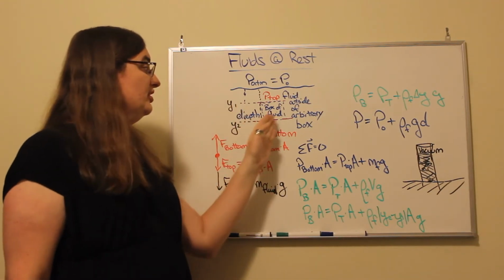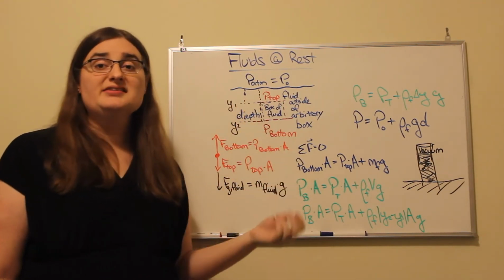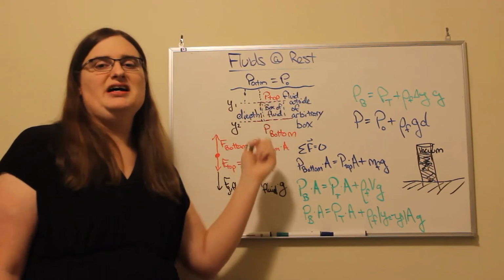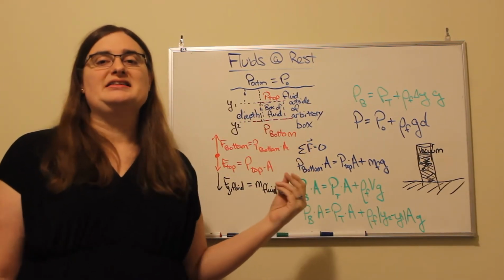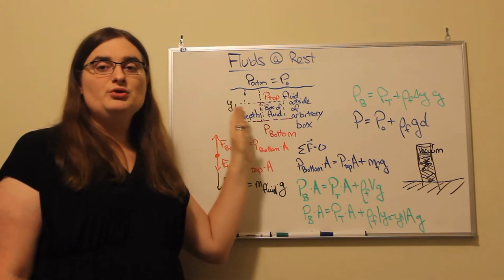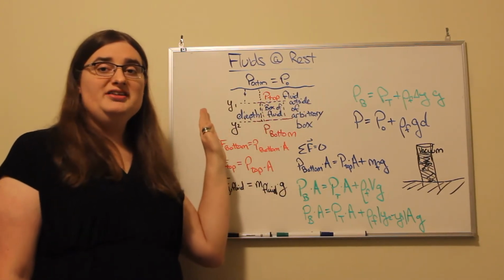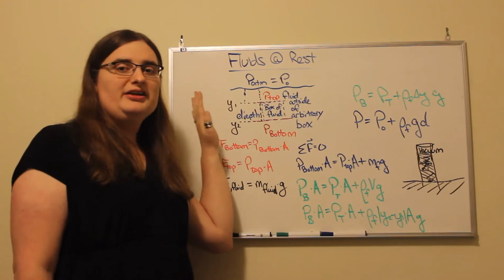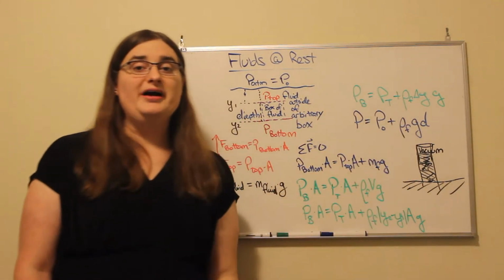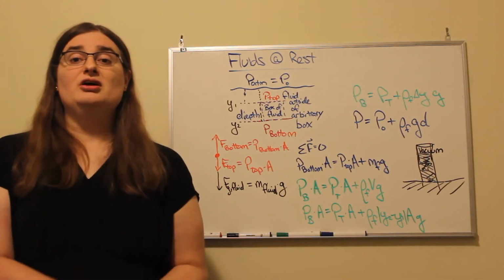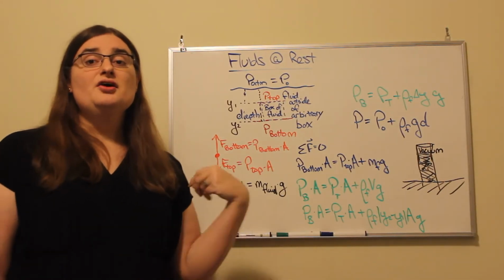So if I were to draw some sort of arbitrary box of fluid, the total number of molecules at any given time inside that box would be constant. So if any fluid moved in, some other fluid would move out. And there would be no organization to it. All of the molecules aren't going from left to right or up or down. That would be an example of what we call currents in fluid.